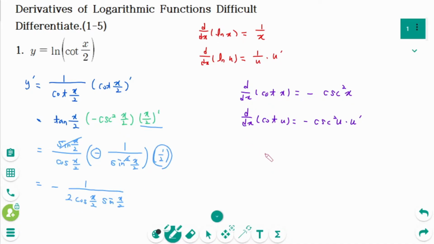Using the trigonometric identity, sine of 2x equals 2 times sine of x times cosine of x, so 2 times sine of x over 2 times cosine of x over 2 equals sine of x. Back to the original, minus 1 over sine of x, which is minus cosecant of x.